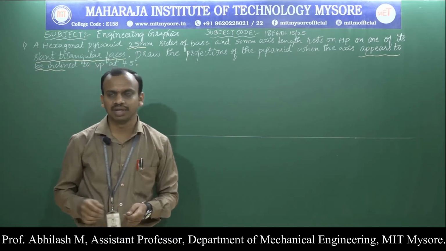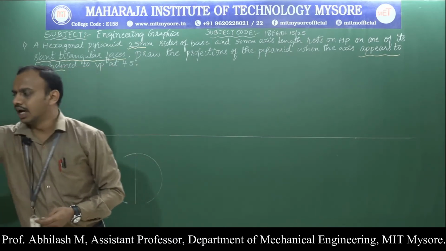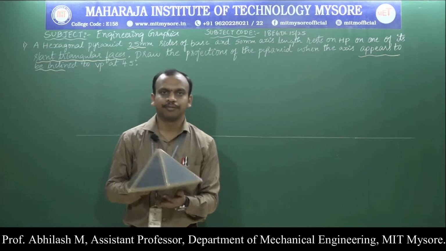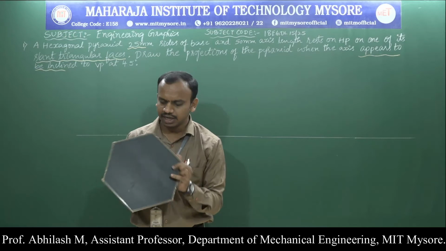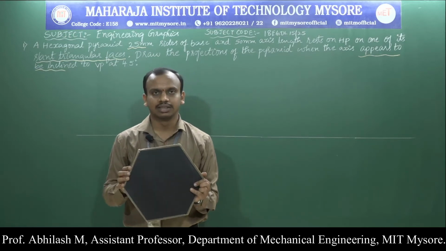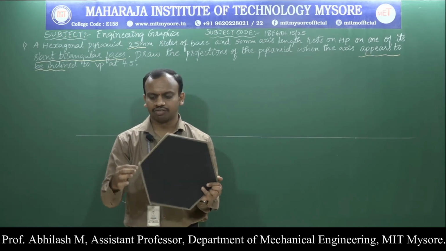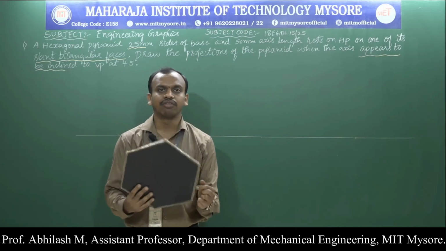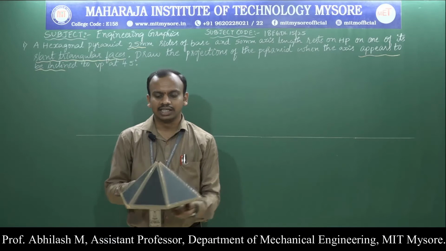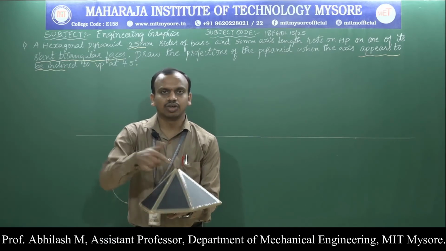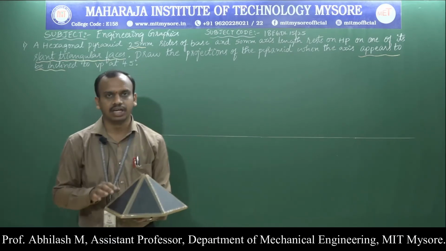So what is the pyramid they have given? They have given us the hexagonal pyramid. So don't worry about the axis height. It's a hexagonal pyramid having 6 sides. Each side of the base is 25 millimeter according to the given problem, and it has an axis length of 50 millimeter.